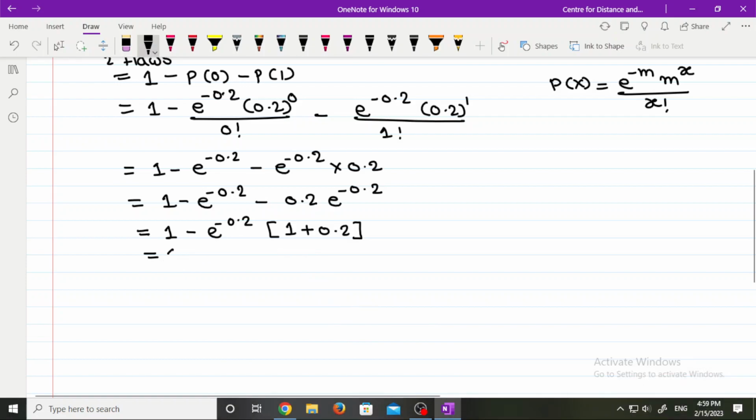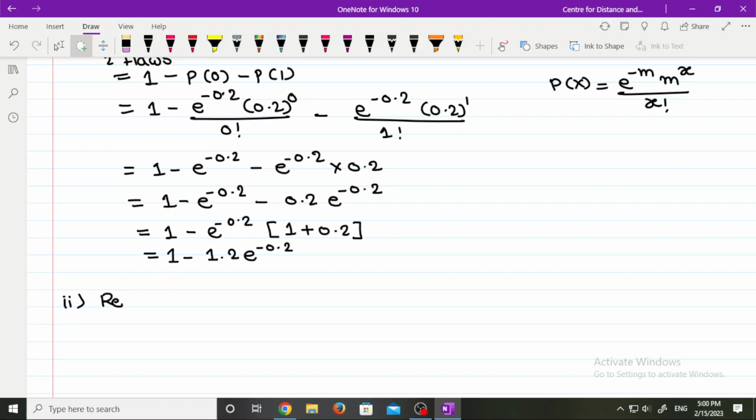So here we get 1 minus 1.2 into e raised to minus 0.2. Then calculate here the probability that in a 12-foot roll there will be at least 1 flaw.